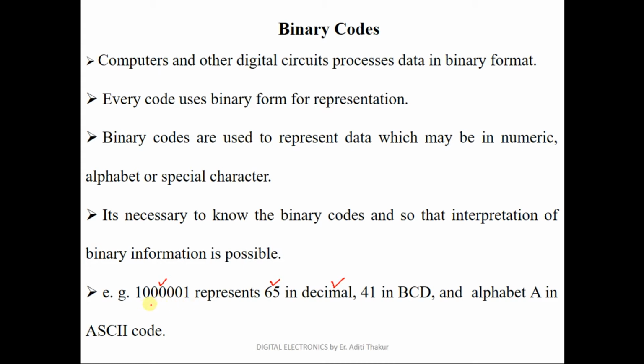But if it is encoded in BCD form, then its decimal equivalent will be 41. And if this binary representation is in ASCII code, then it is equivalent to the capital letter A. So likewise, the same binary number can be decoded into 65, 41 and A, depending upon which binary code we are using.